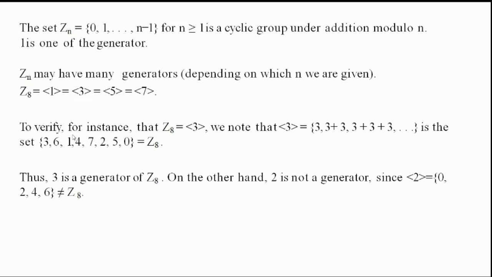Here, what is the Z8? It's a modulo operation. Here we are going to go for the modulo operation with 8. Thus 3 is a generator of Z8. On the other hand, 2 is not a generator, because if you go for 2, 2 plus 2, 2 plus 2 plus 2, then you will not get the Z8 set.